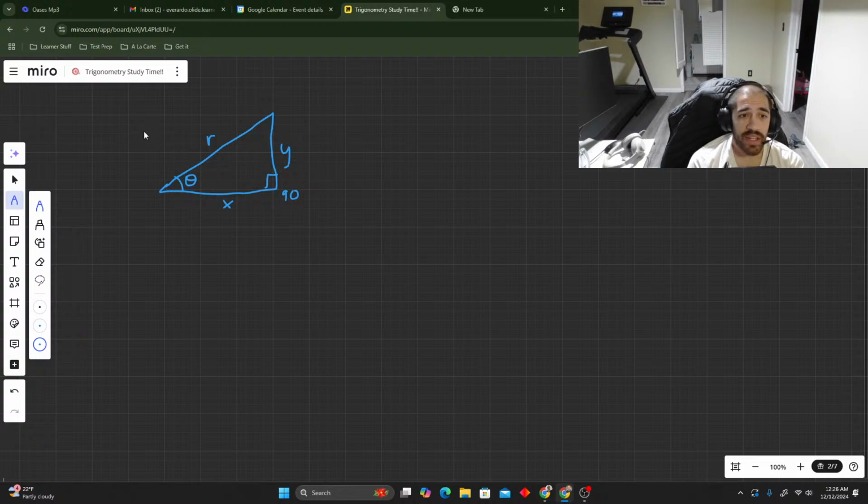The side that is on the opposite side of this angle, we're going to call opposite, or y in this case. The side length that's next to this angle that is not the hypotenuse is known as the adjacent leg. And this one is the hypotenuse.